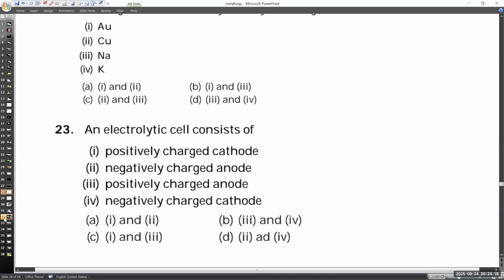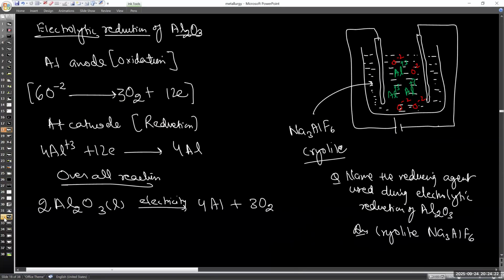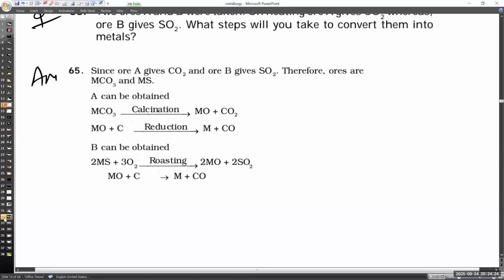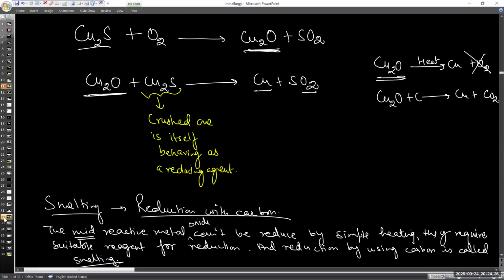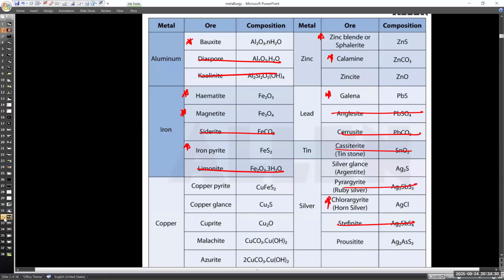There is a list of some important ores, the name of the ores and which substance the ore is of. So please make this table also. Those I have cut, you are not going to write. Write only, like, bauxite is an ore of aluminium. Those I have cut, don't write.